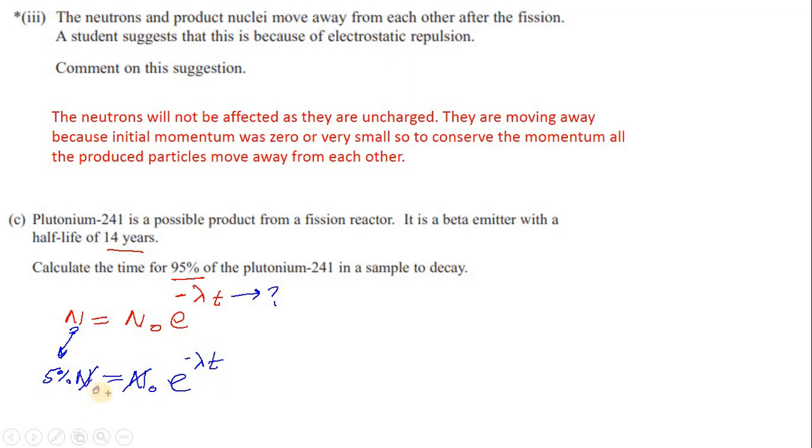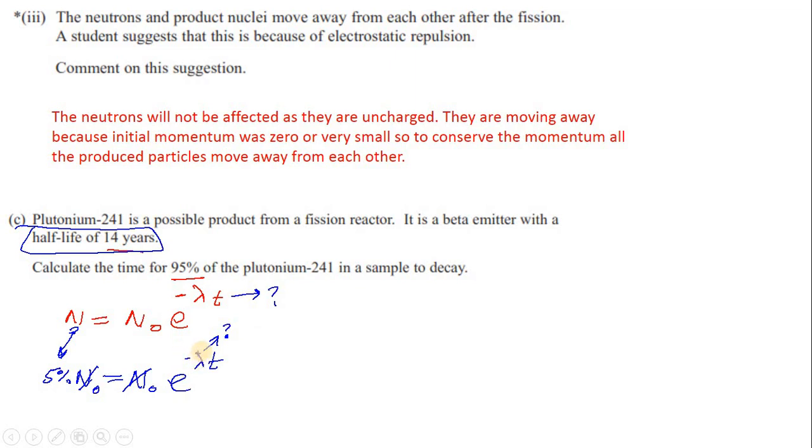I can't move forward because we don't have lambda to find t. In order to find t, we first need lambda. For lambda, we are given the half-life, so we can find it.